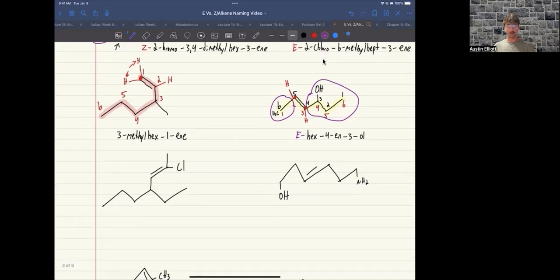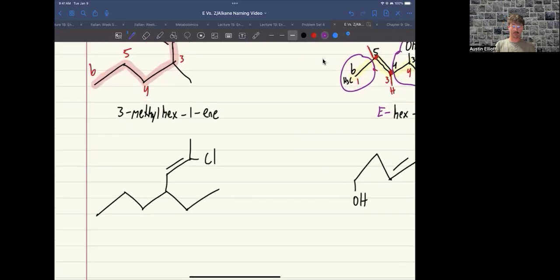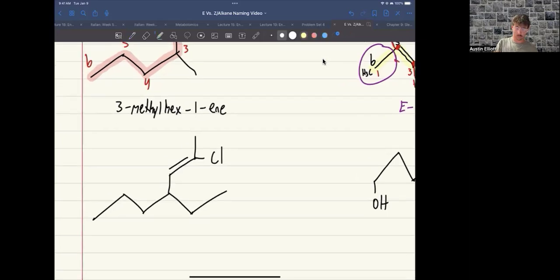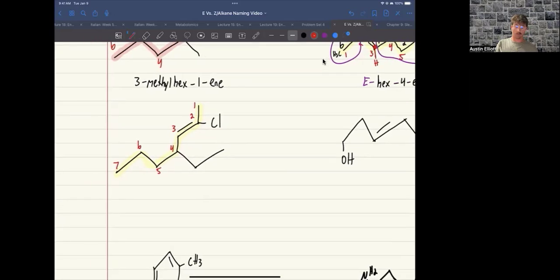All right. Now we're going to move into some more complicated examples. Let's see. All right. So we're going to start numbering. We're going to start with our branches.